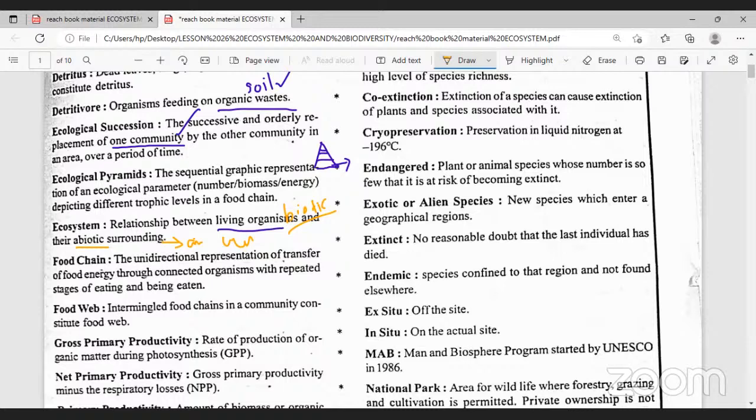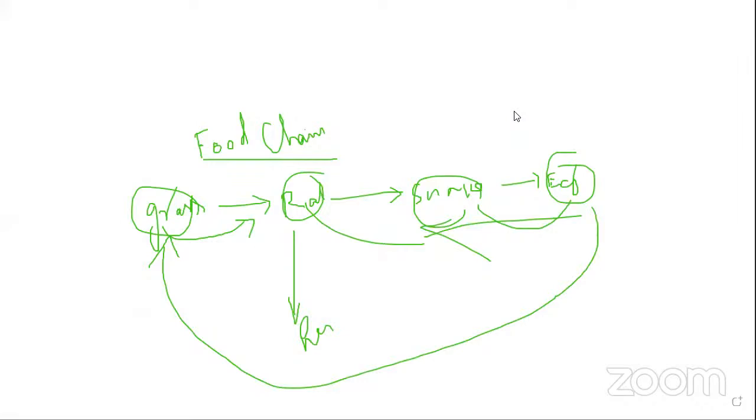Here you already know about these things, we already discussed them. See this one, same. I will show you. So the starting point is grass. Grass is a producer.